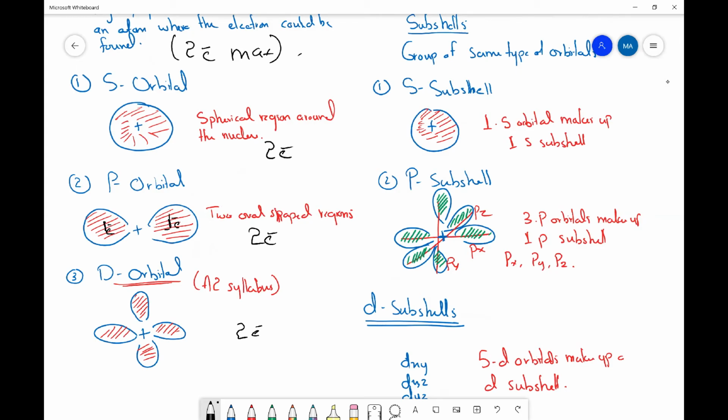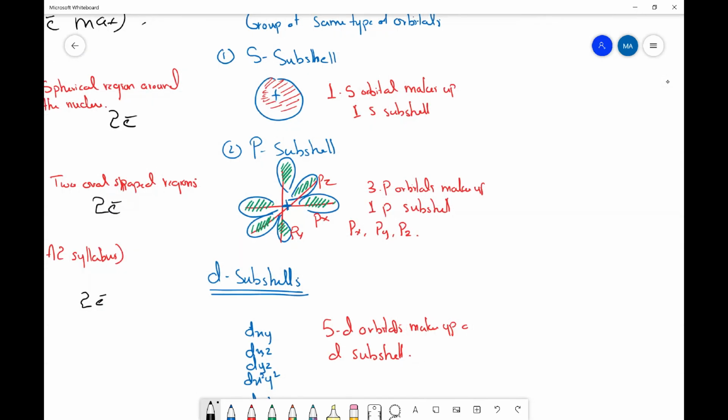Now the subshells, the electrons would multiply depending on the number of the orbitals that make up a subshell. So in an s subshell, there is only one s orbital. So the number of electrons in an s subshell will also be 2. But if you look at a p subshell, there are a total of 3 p orbitals, and one p orbital has 2 electrons.